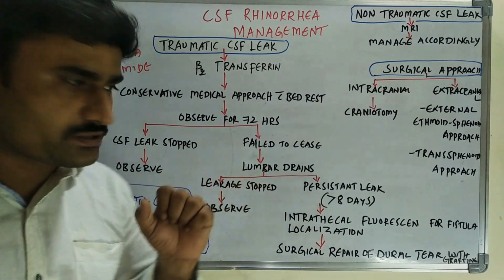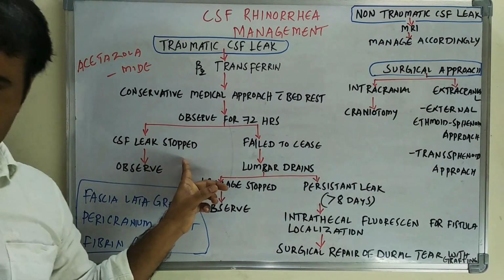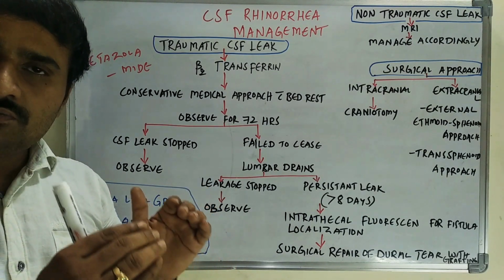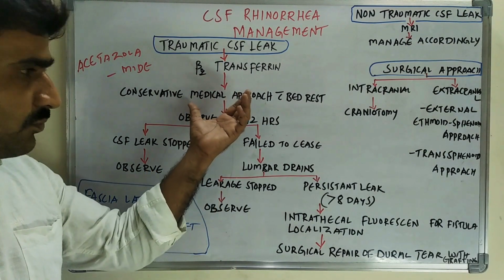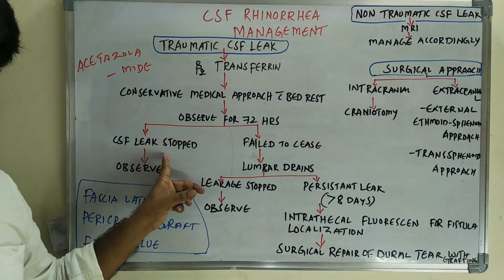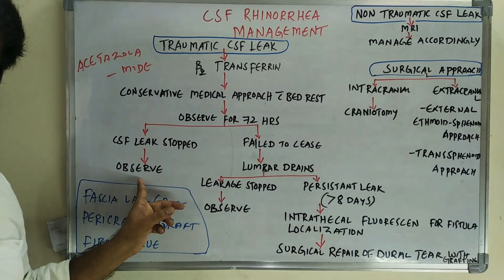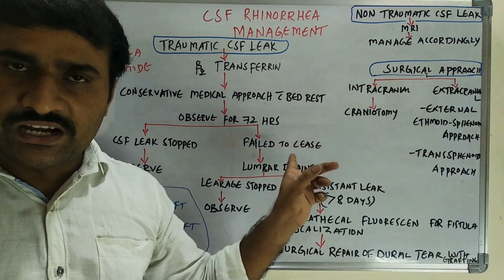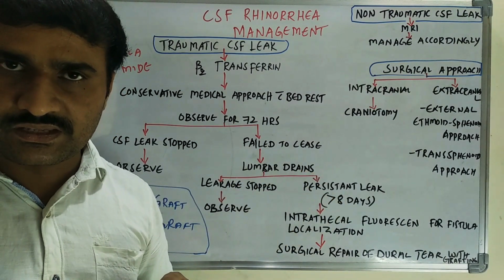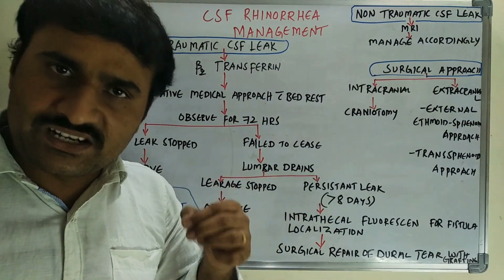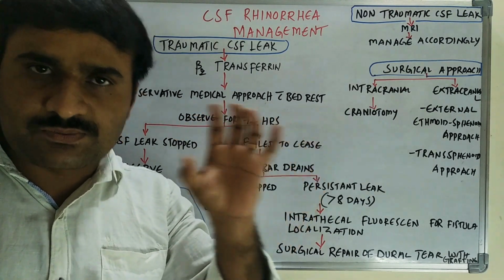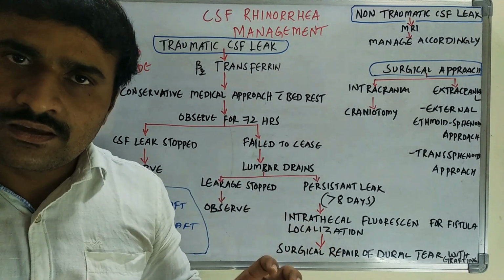After 72 hours, if the CSF leak stopped, most of the cases, CSF leakage will stop spontaneously with some amount of conservative approach. So if it stops, then we have to observe the patient. If it fails to cease, then we should go for lumbar drainage, right? That means in lower back region, we have to place the drains in subarachnoid space to drain the CSF.